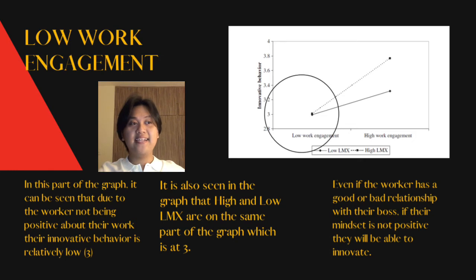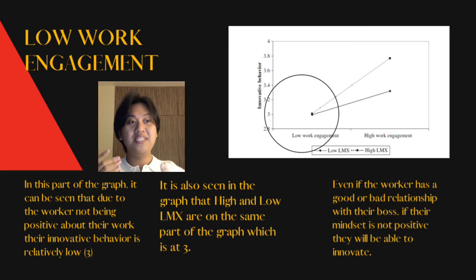Now, let's analyze the graph. First, we will look at low work engagement. In this part of the graph, it can be seen that due to the workers not having a positive outlook on their work, their innovative behavior suffers, and it is relatively low, at a 3.